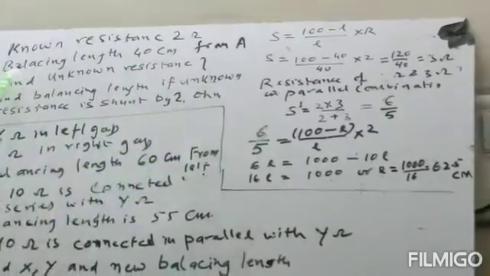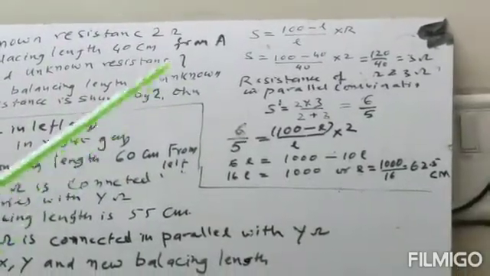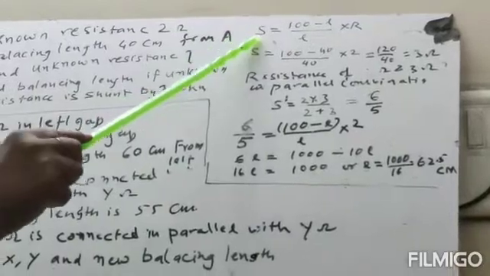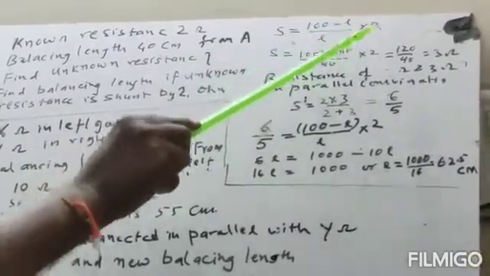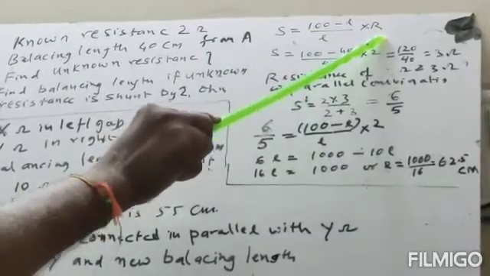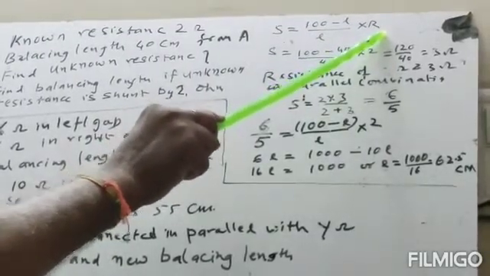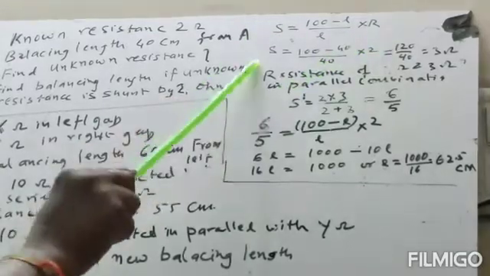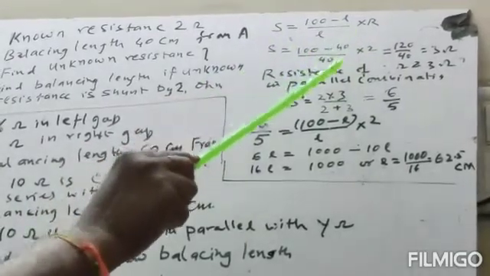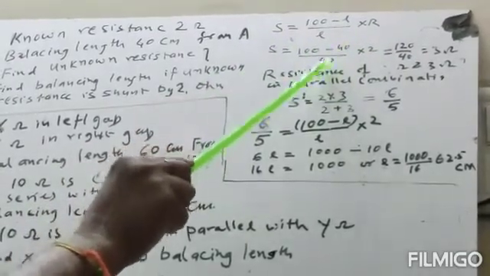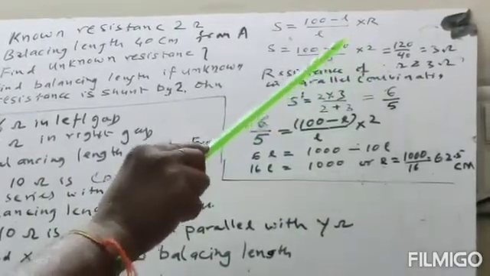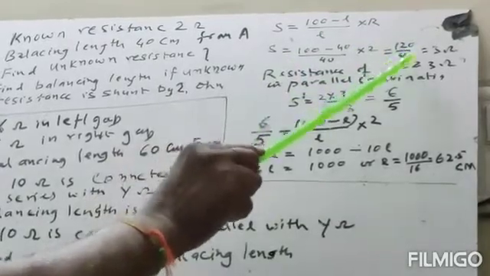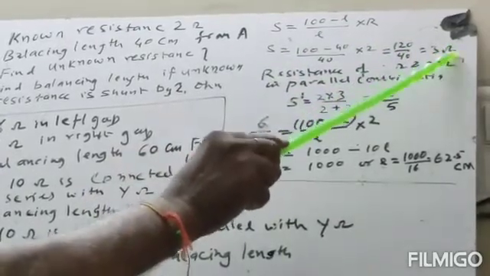First of all we will find the unknown resistance. The unknown resistance in the right gap, S, is equal to (100 minus L) divided by L into the resistance R in the left gap. So S will be equal to (100 minus 40) divided by 40 multiplied by 2. This is 60 into 2, that is 120 divided by 40, equal to 3 ohm.